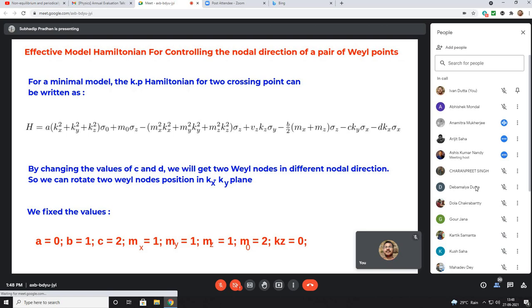Ashish, a general question. As I understood, there are two parts to the work. One is the first part where you do the DFT calculation. The second part is this effective model. How are you connecting the two? Will you do this analysis of the parameters in terms of the materials?